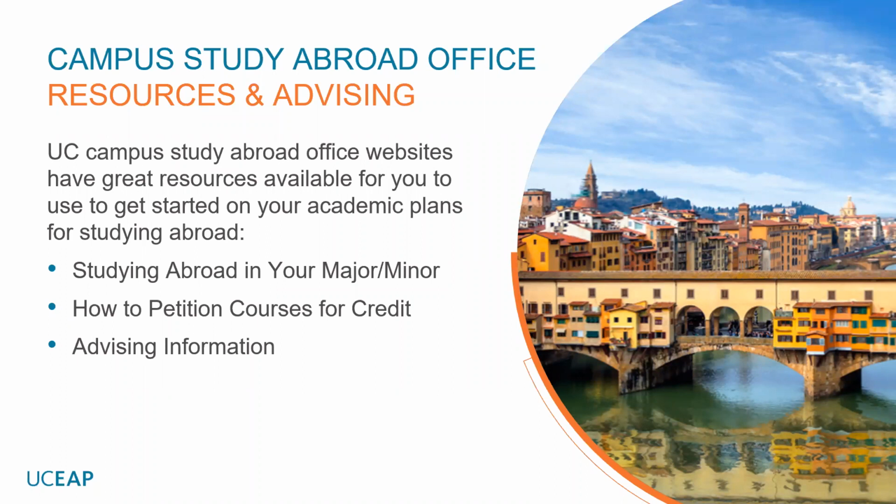You can get started by reviewing your UC Campus Study Abroad Office website, where you'll find great information on academic planning, overviews on how to petition for course credit, and information on how to set up a time to meet with your advisor to ask questions and discuss your plans for studying abroad.